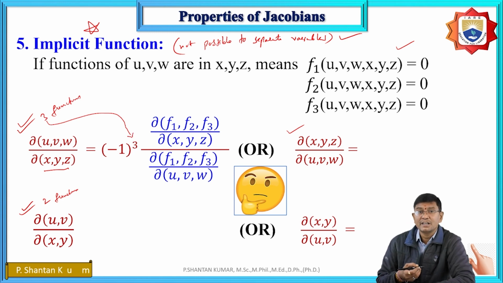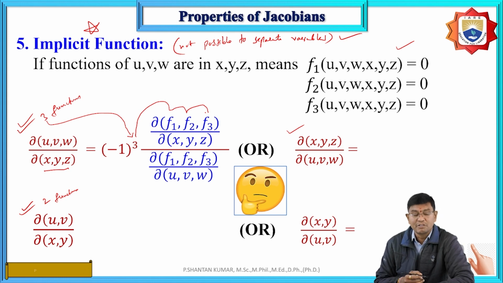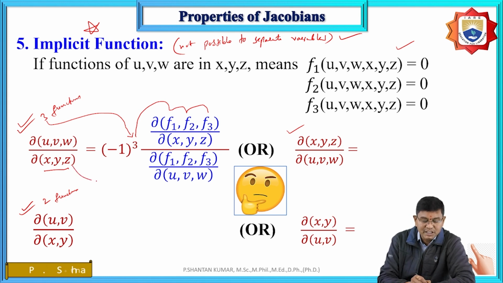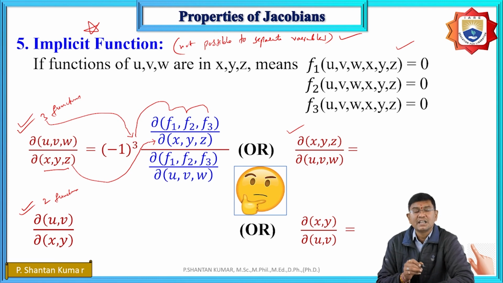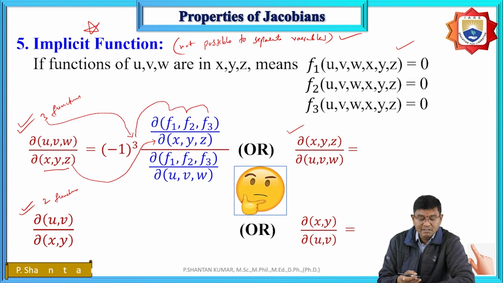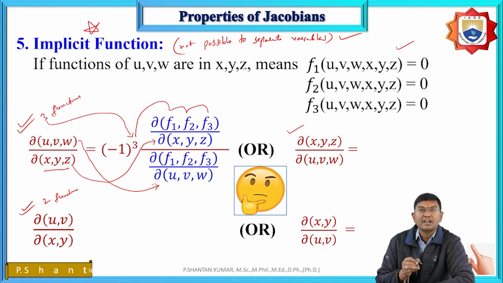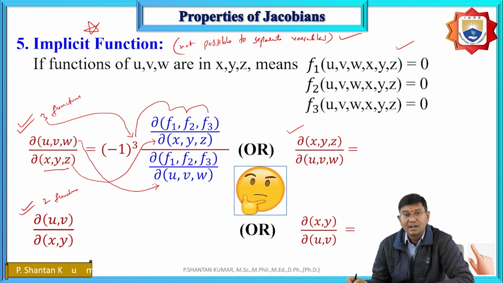And similarly, the functions f1, f2, f3 by x, y, z. For this x, y, z, we need to assume that whatever is in the denominator, you put in the numerator as dou of (x, y, z), and whatever is in the numerator, you put in the denominator as dou of (u, v, w).